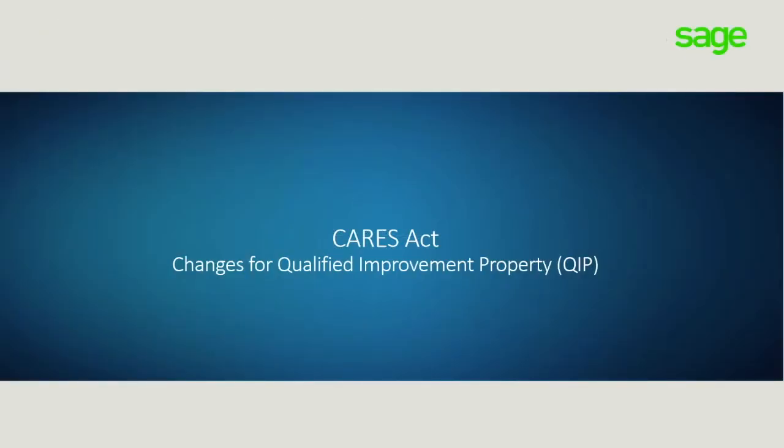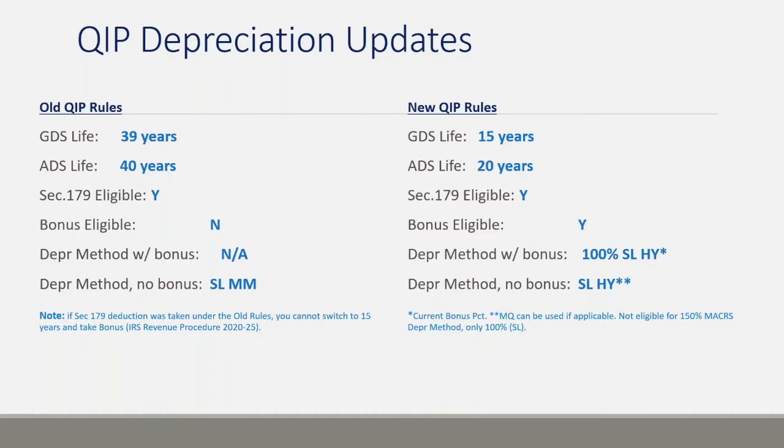Okay, let's talk a bit about some of the changes in the CARES Act and how that impacts qualified improvement property. So for qualified improvement property, in the past, you would be taking depreciation at 39 years for GDS and 40 years ADS life.